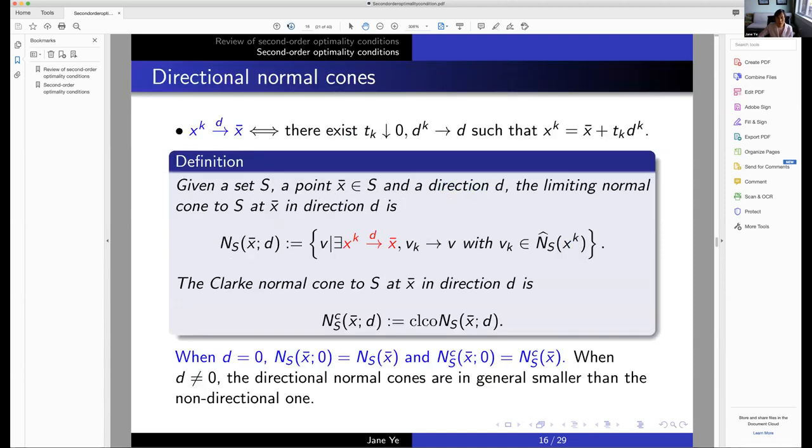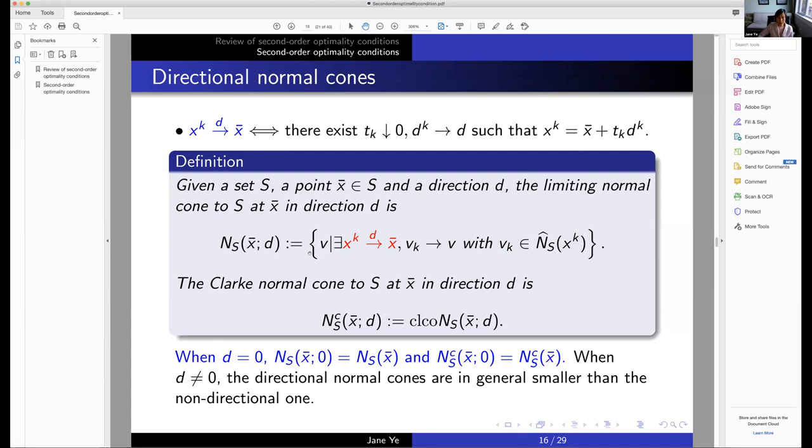Okay, so now the limiting normal cone is extended to the directional normal cone. Here, this notation x_k converges to x bar in direction D means there exist some t_k converging to 0 and d_k converging to D such that x_k equals x bar plus t_k d_k.